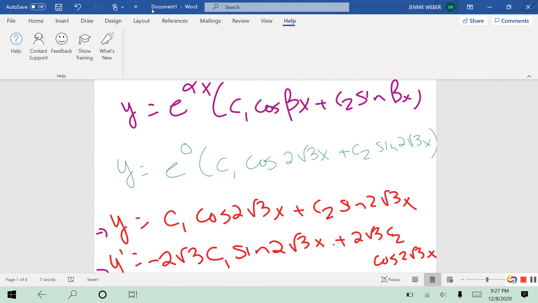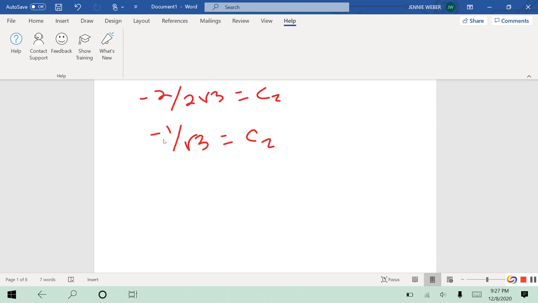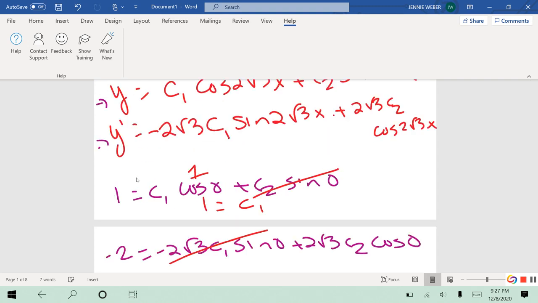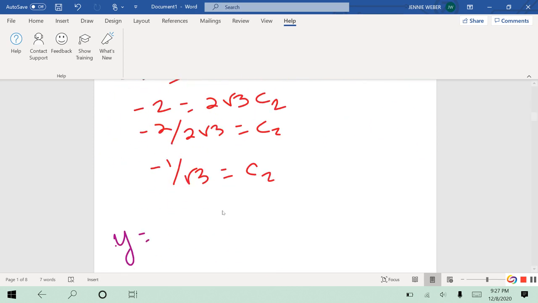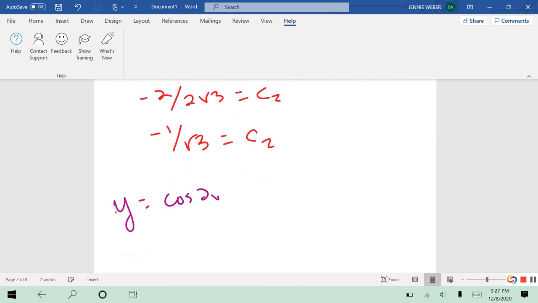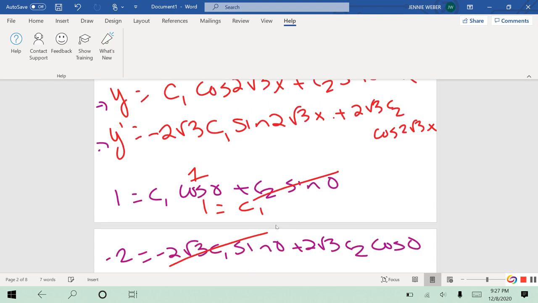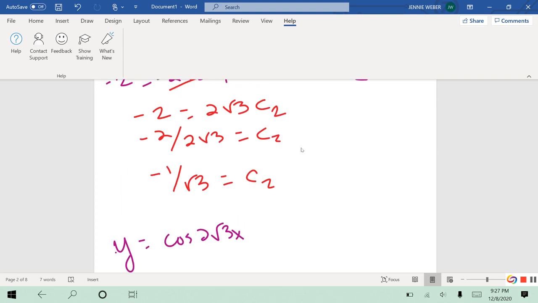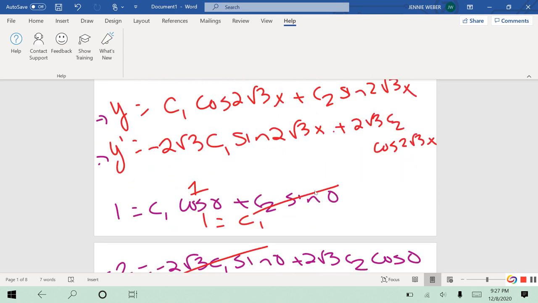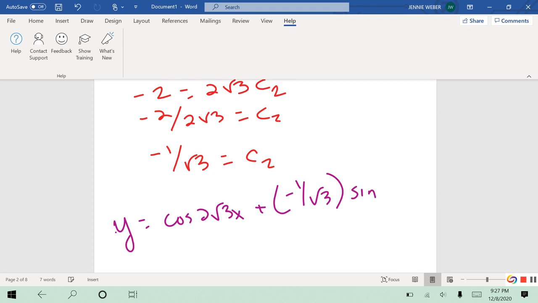C1 was 1, so then this is just cosine 2 square roots of 3x. And then I have plus C2, so plus negative 1 over the square root of 3, and then sine 2 square roots of 3x. So this now is my specific answer.